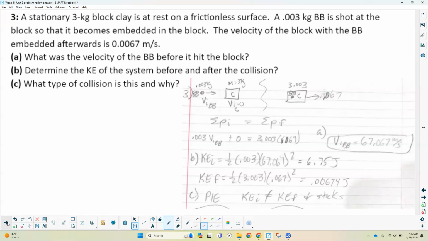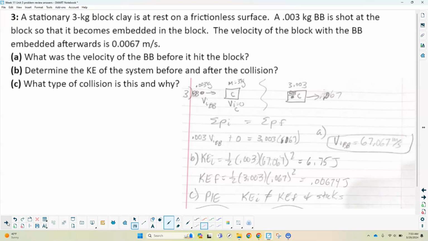The BB, which is 0.003 kilograms, is shot at the block, so it becomes embedded in the block, and the velocity of those two things together afterwards is 0.0067 meters per second, going to the right because that's the way I drew the BB moving. Part A asks what was the velocity of the BB before it hit the block. B asks to determine the kinetic energy of the system before and after the collision, so we're going to compare those. And then C, what type of collision is this?